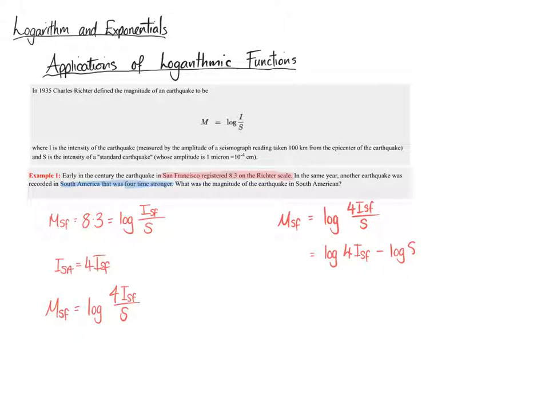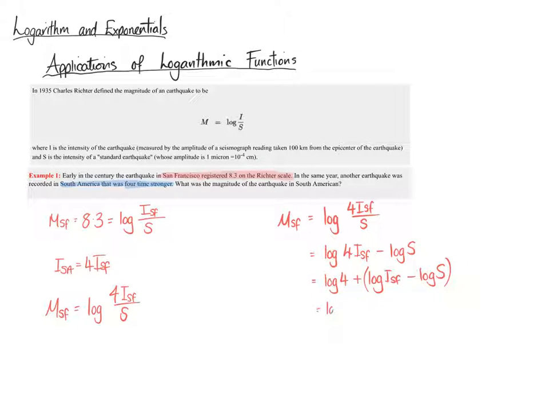From there, we can expand even more. You have log 4 plus the log of ISF take away log S. From here we can manipulate it a little bit, and we're going to get a divide.